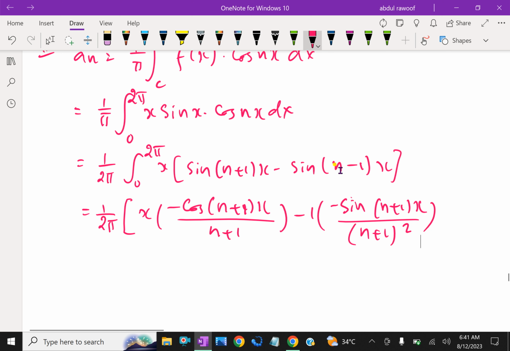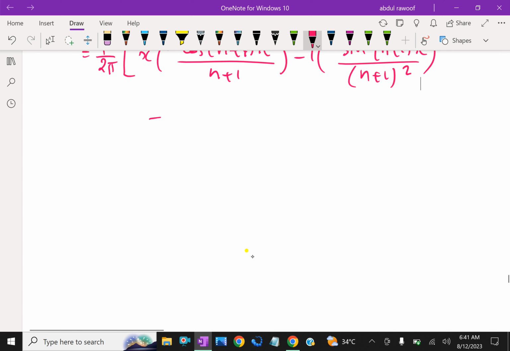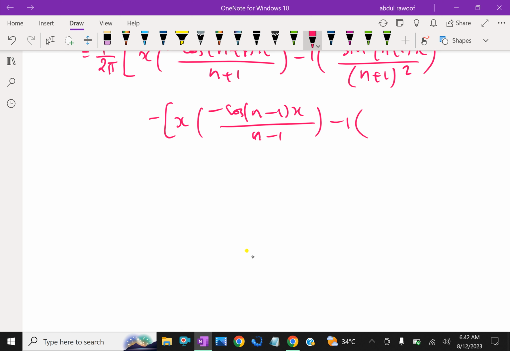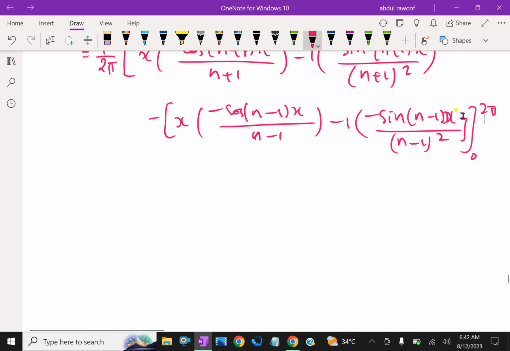Then for sin of n minus 1 x into x, it is further minus x into minus cos of n minus 1 x over n minus 1, minus 1 into minus sin of n minus 1 x over n minus 1 the square, from 0 to 2 pi.